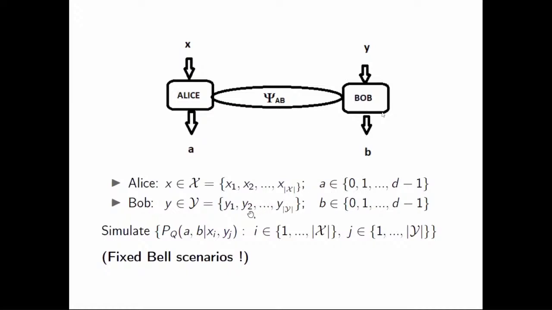But now the measurements Alice has are restricted to a finite set. So Alice will not be asked to simulate all measurements, but only the measurements from this finite set, and similarly for Bob.